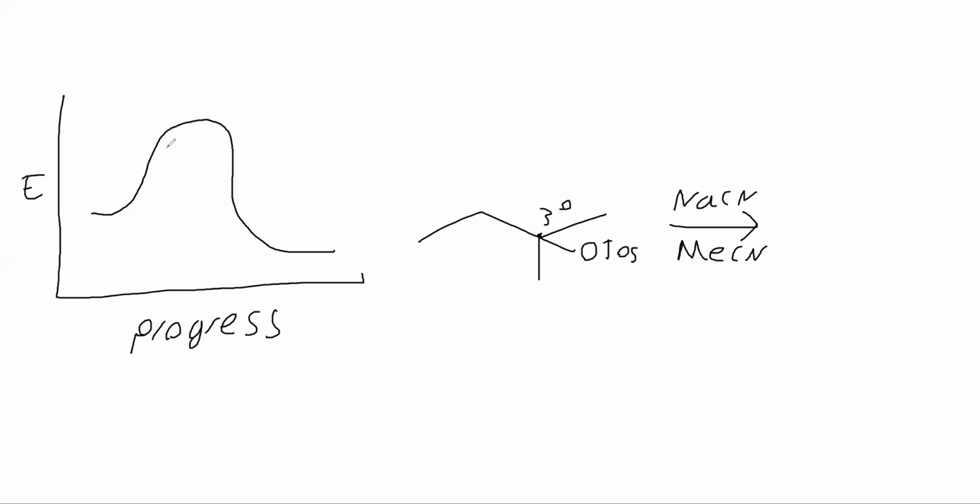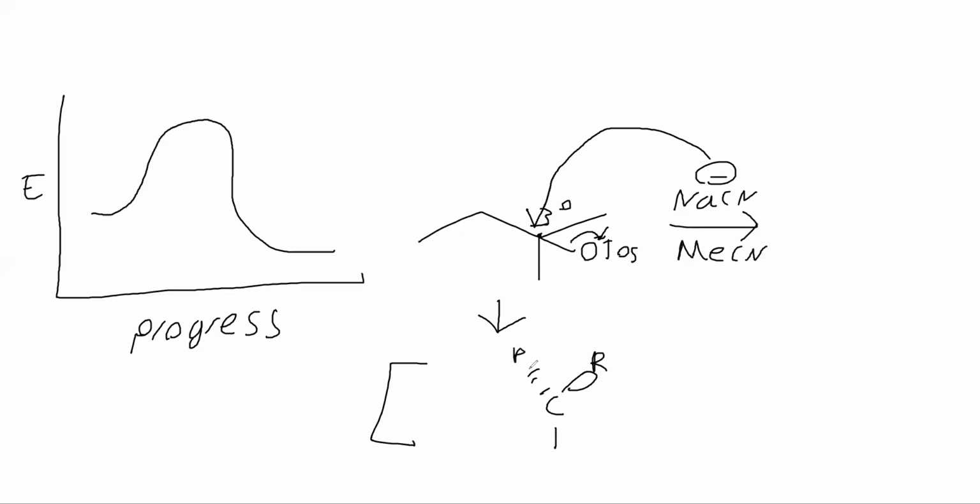Transition state is higher, yes, because the mechanism is the nucleophile doing a backside attack. And there's no intermediate like in SN1, but there's a transition state that forms. I'm not going to draw the whole molecule, but these are all different R groups.